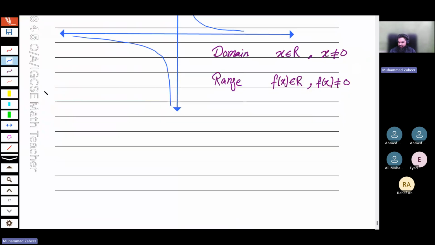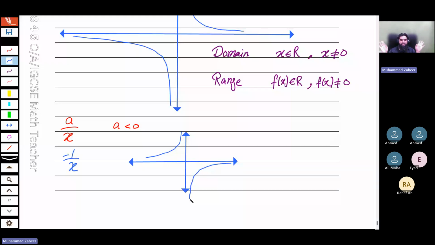For the reciprocal graph a divided by x, if a is lesser than 0, meaning a negative value, for example minus 1 divided by x, the shape of the graph is going to be in the second quadrant and in the fourth quadrant.